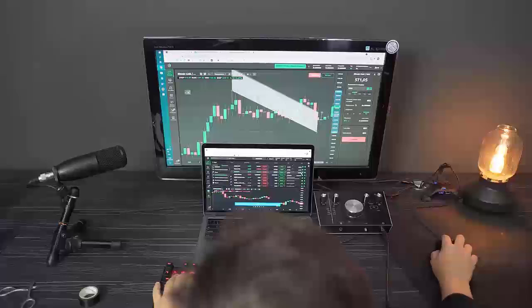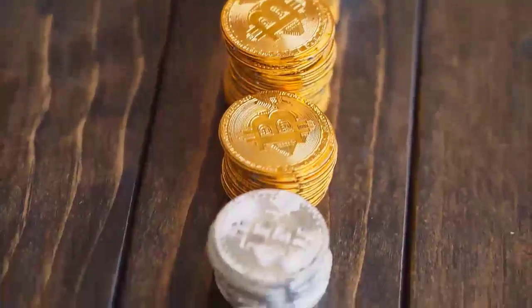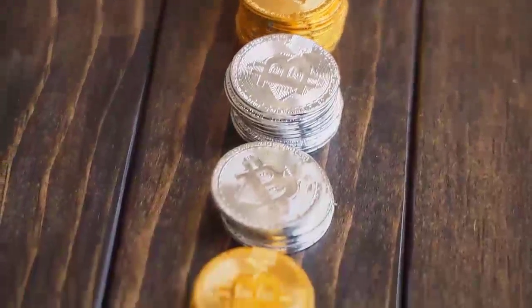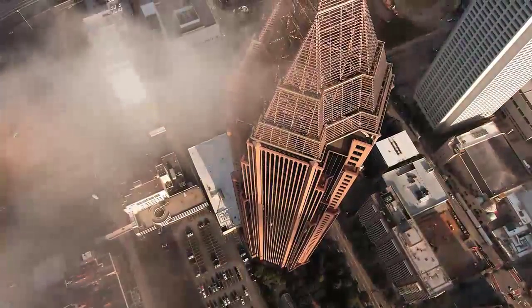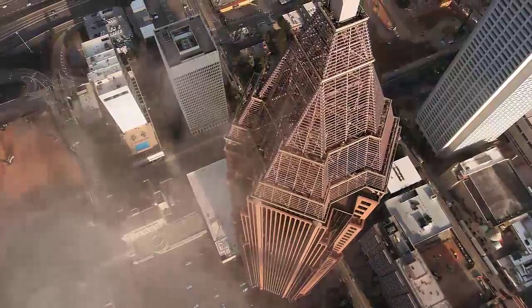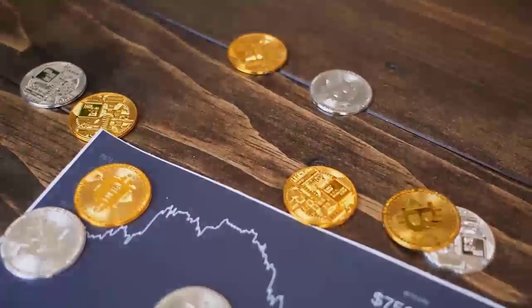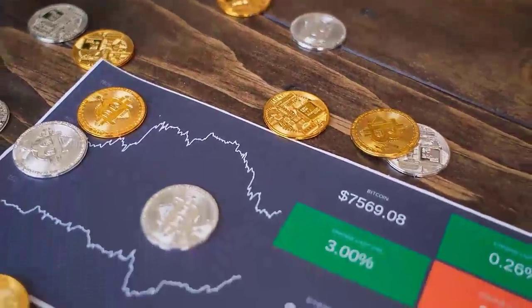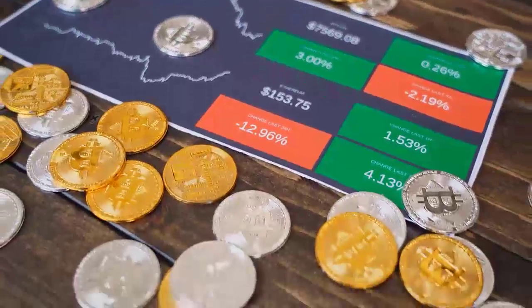UNISWAP, unit, price forecast December 2022. For December the cost of UNISWAP is anticipated to reach a normal month-to-month furthest reaches of $6.09, while the coin will exchange between a limit of $6.71 and a least of $5.86.